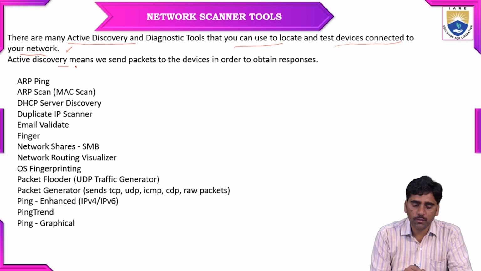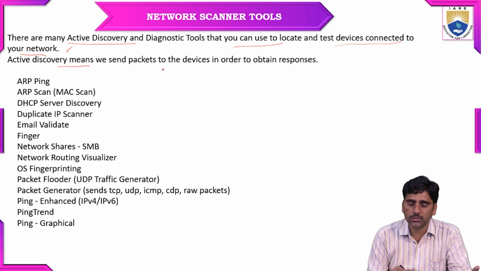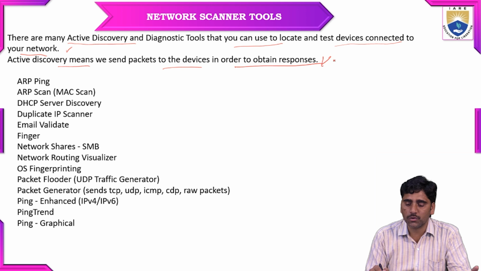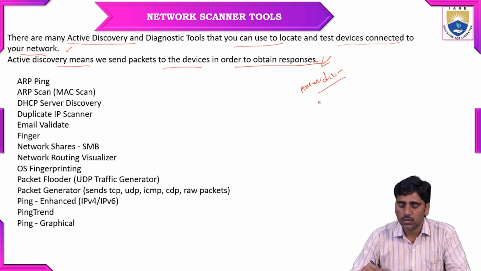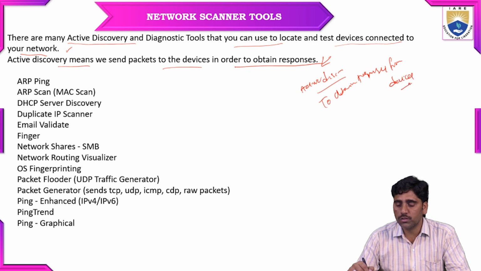Active discovery means we send packets to the devices in order to obtain responses. Active discovery is the process of obtaining responses from devices. To do that, we send packets to the devices.